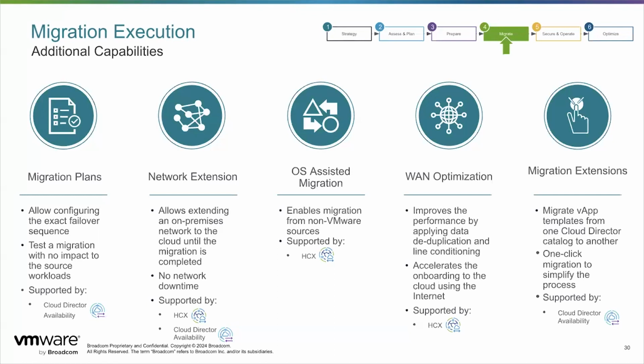The OS assisted migration that enables HCX to migrate non VMware workloads, the one optimization for improving the bandwidth and the performance of the migration, and additional migration options offered by Cloud Director Availability for moving the app templates from one Cloud Director catalog to another, even to another instance of Cloud Director, and the one-click migration that is very useful for customers who have no experience and who are going to perform the migration as a self-service.